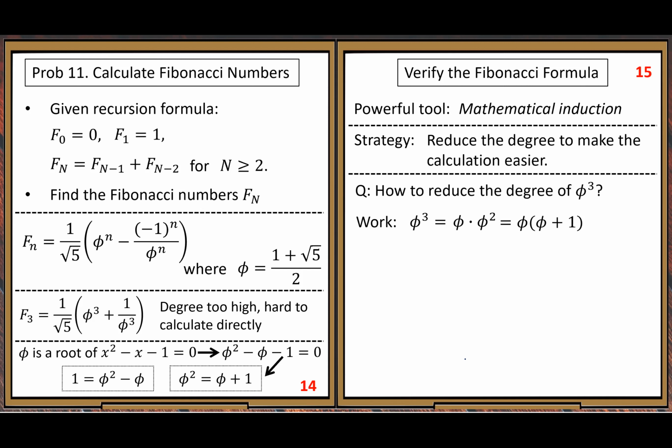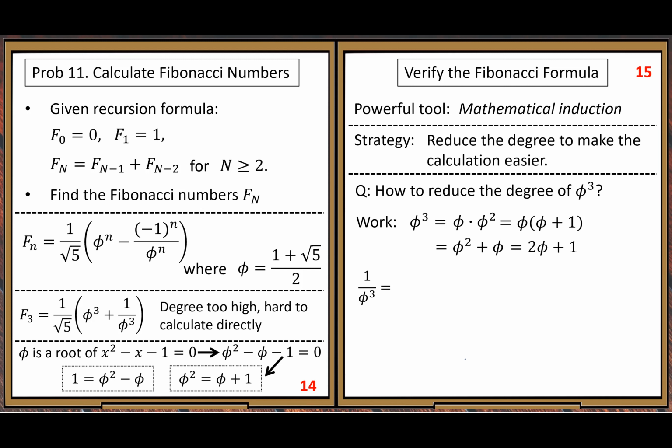Multiply out. You see phi squared again, right? Replace it another time. 2 phi plus 1. Now the degree is much lower, from 3 to 1. Lower degree should be easier, right?